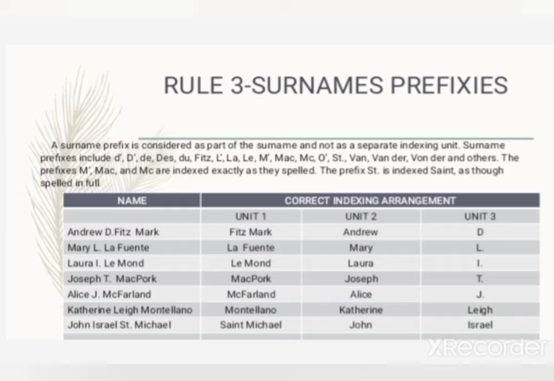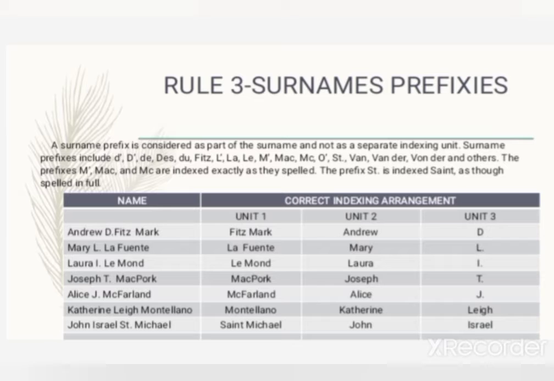Rule number 3, surname prefixes. A prefix is considered as a part of a surname and not as a separate indexing unit. Surname prefixes include the, des, do, fitz, and others. In this rule, the prefix is considered as part of the surname and not as a separate indexing unit.